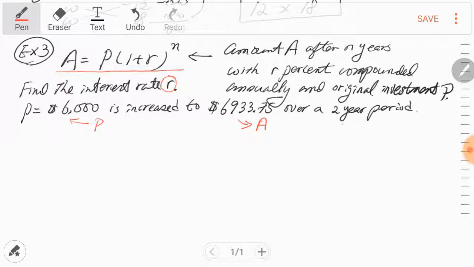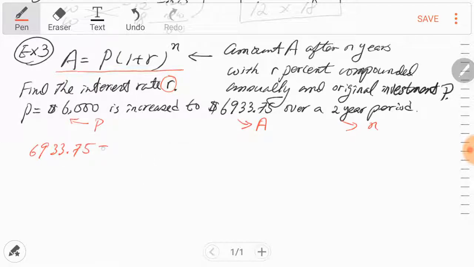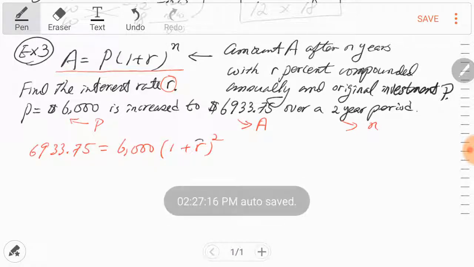And n is 2 years, the number of years. So we can write an equation like this. The total amount, 6,933.75, equals the principal, $6,000, times 1 plus R squared. So this is the equation, and then we have to find this R.